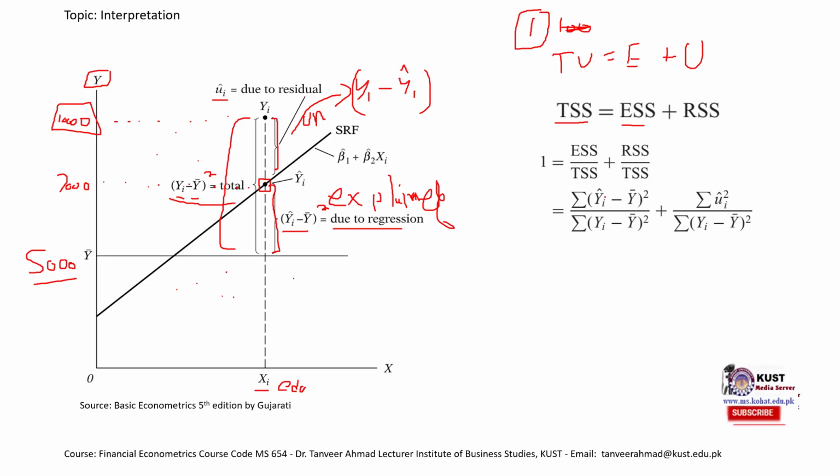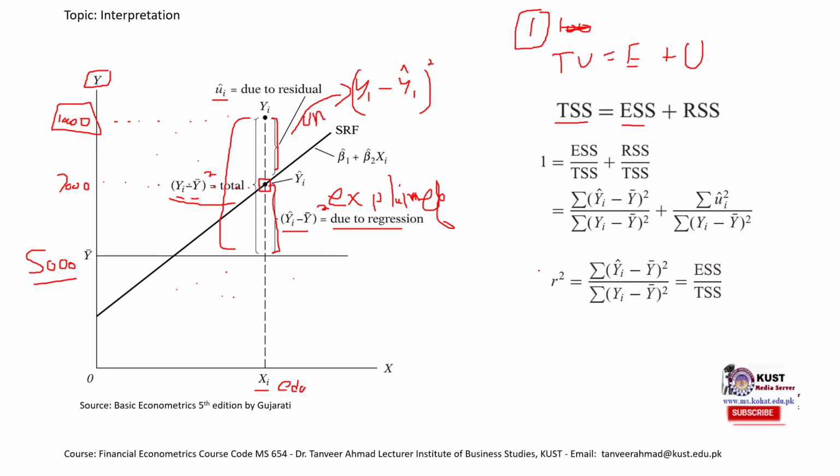We know that explained sum of squares is yi hat minus y bar whole squared, divided by total sum of squares, which is yi minus y bar whole squared. And the residual sum of squares is the summation of the residuals squared, divided by the total sum of squares.